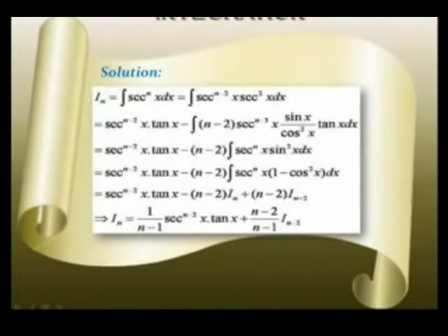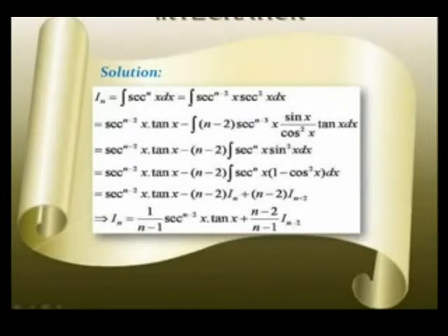Now this could be further written as integral of sec x to the power of n minus 2 into sec square x. Now what we do is we apply integration by parts, taking sec x to the power of n minus 2 as the first function and sec square x as the second function. This is because we have chosen sec square x as the second function because the integral of sec square x into dx is tan x.